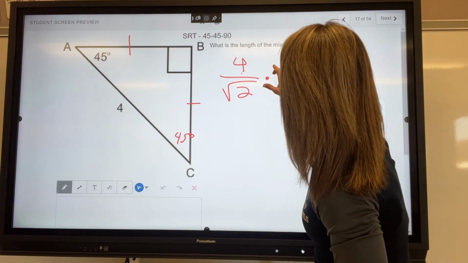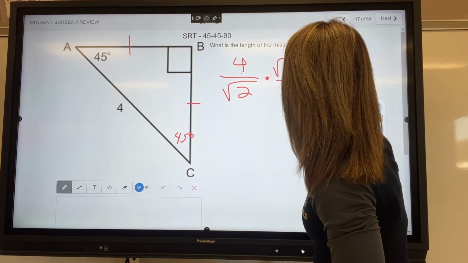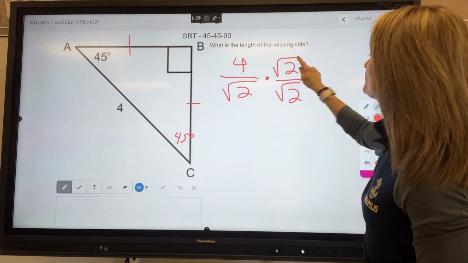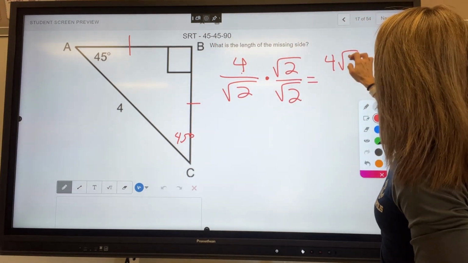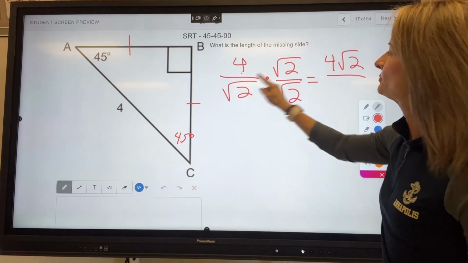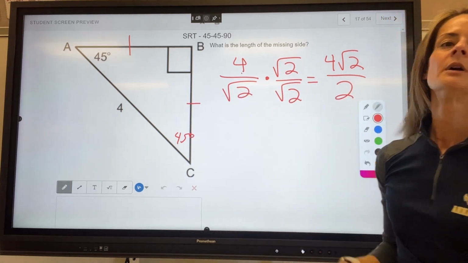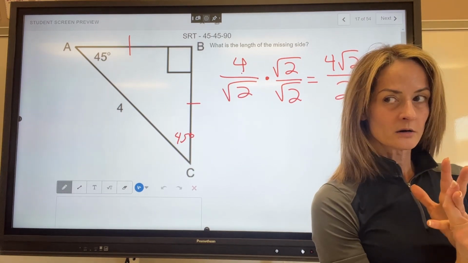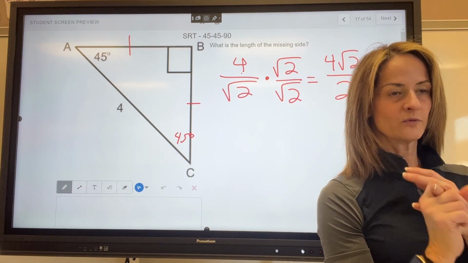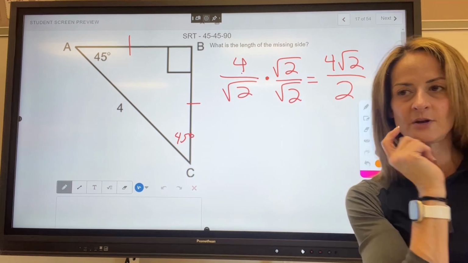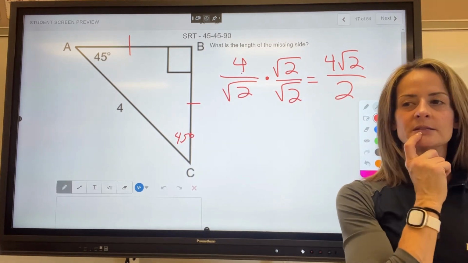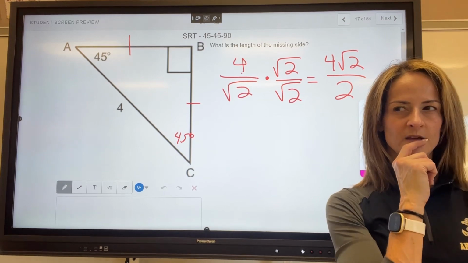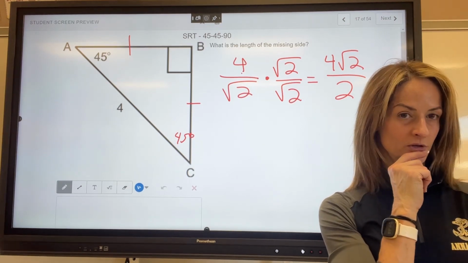We have to multiply by special 1. 4 times root 2 is 4 root 2, and root 2 times root 2 is just 2, because the square root of 2 times the square root of 2 is the square root of 4, right? The square root of 4 is 2. Is everybody okay with that? It's been a few months since we've rationalized the denominator. I think that was the beginning of unit 5, and now we're in unit 7.